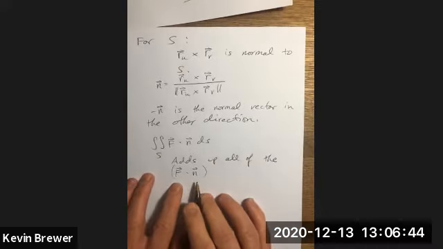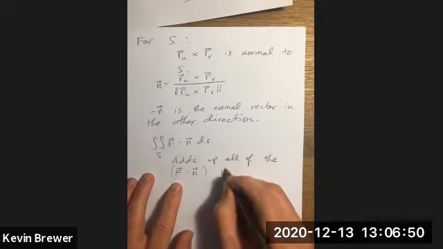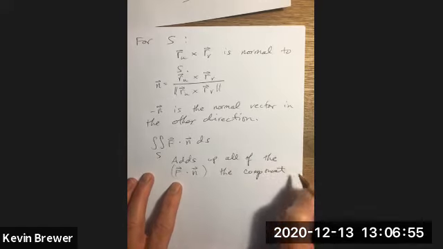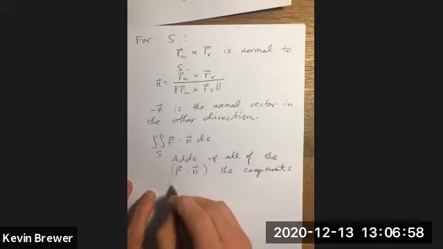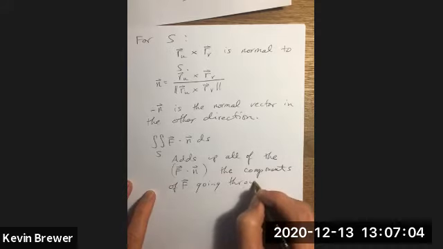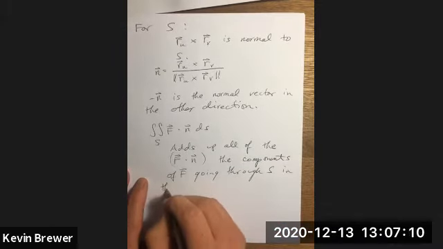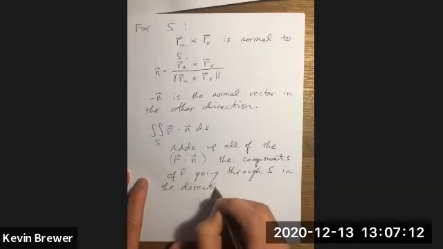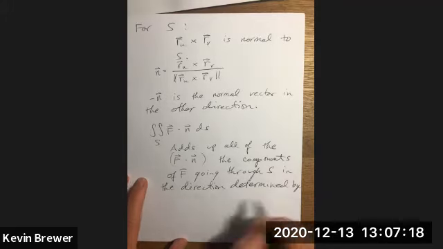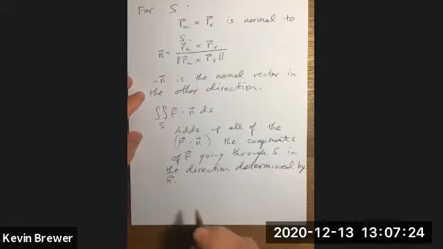In other words, it's adding up the component or components of F going through S in the direction determined by N. Add up all of those.